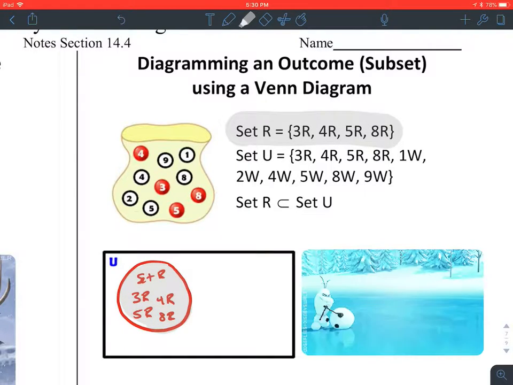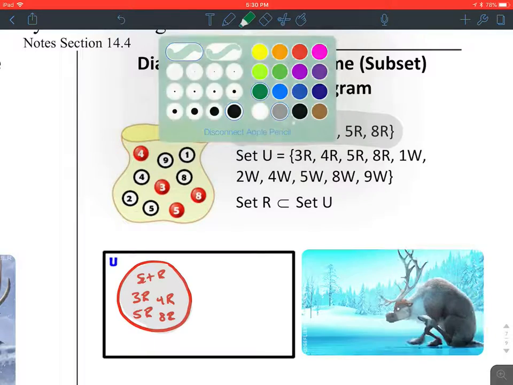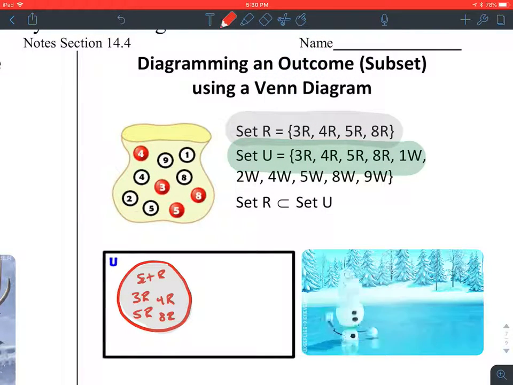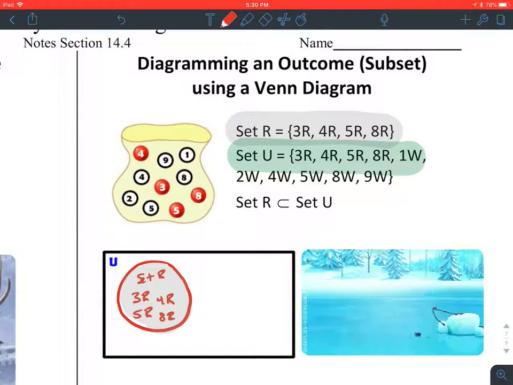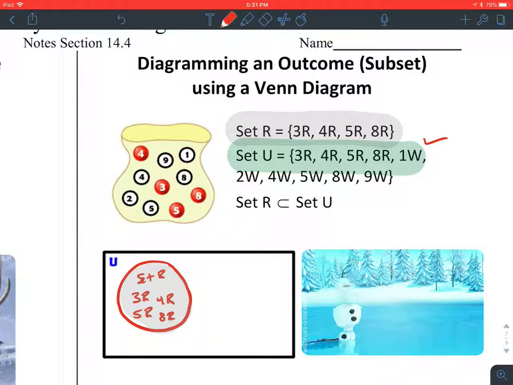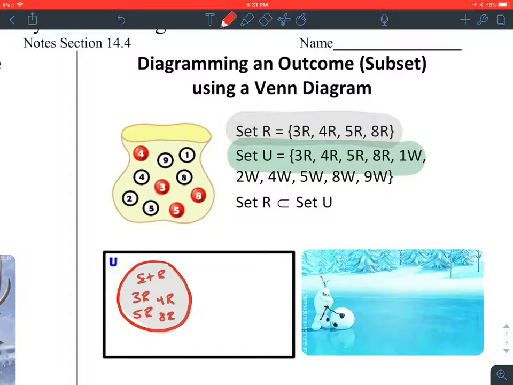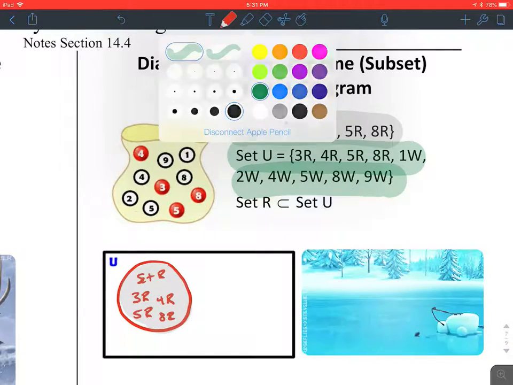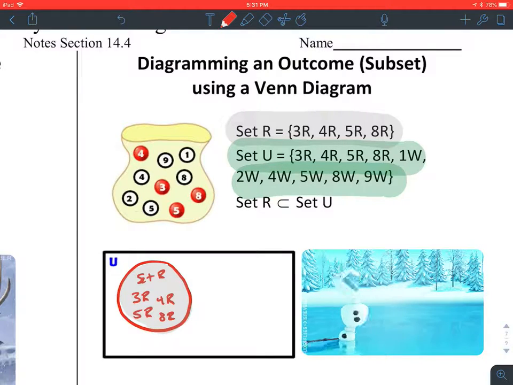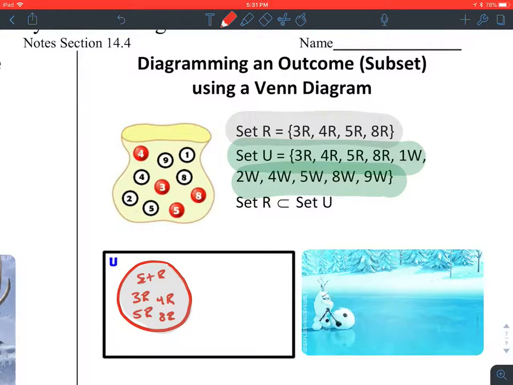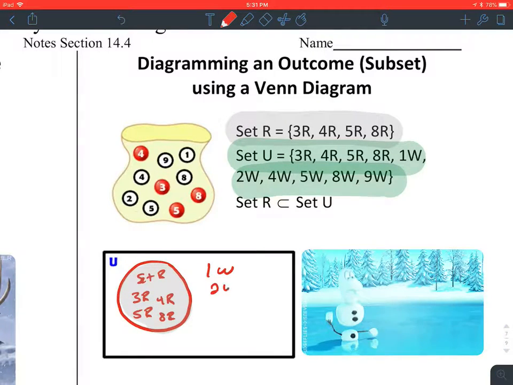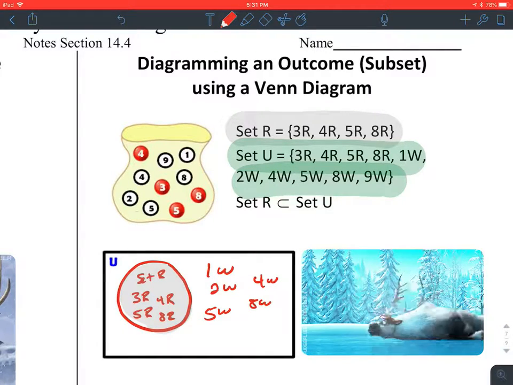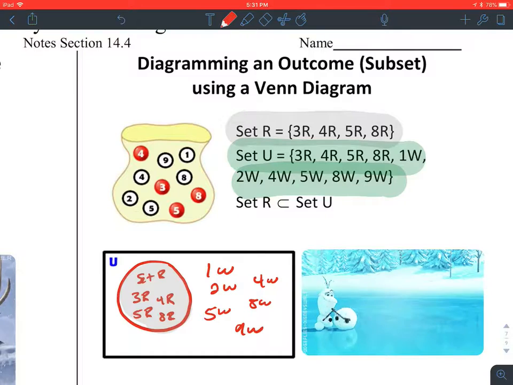The universal set has everything that was just mentioned plus some extra things. Well, it has one extra thing. Actually, that's not true. There's more stuff down yonder. So it has all those elements that I just named, 3R, 4R, 5R, and 8R, and it also has 1W, 2W, 4W, 5W, 8W, and 9W.